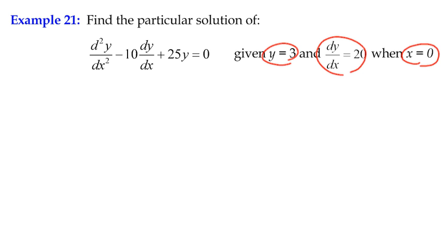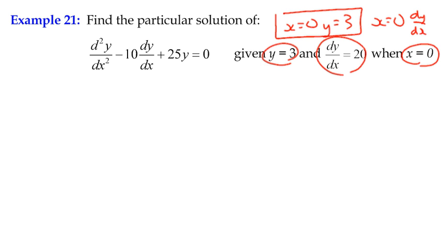So when x is 0, y is 3. That's one set, and we can double that up to say when x is 0, dy by dx equals 20. We kind of keep those as separate pairs of information, and we'll come back to that. So let's have a look at the differential equation. It's homogeneous, as I say, so we can already find the auxiliary equation.